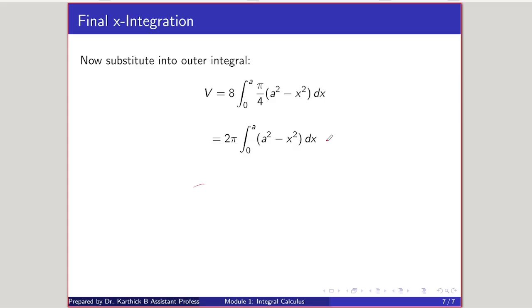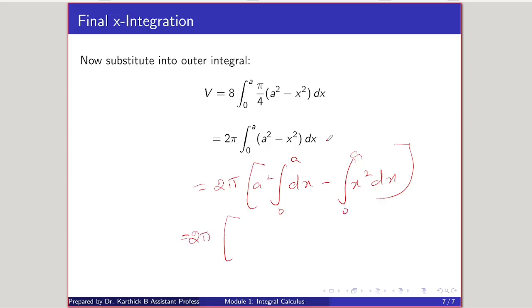You can split this integral. 2 pi will be a constant. I am splitting the integral. Of course, a square is a constant. So we may keep a square outside, integral dx minus integral 0 to a of x square dx. So this will be equal to 2 pi, then a square x from 0 to a minus x cube by 3 from 0 to a.